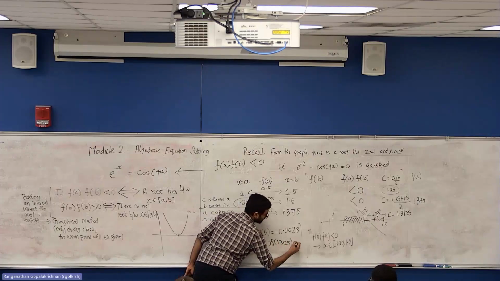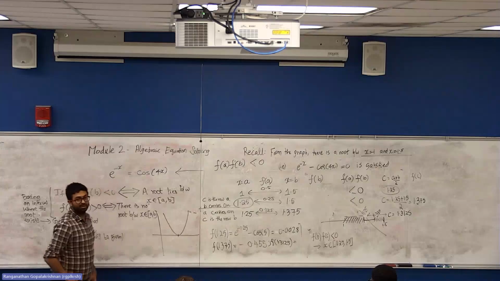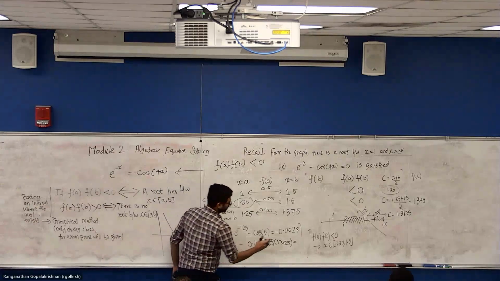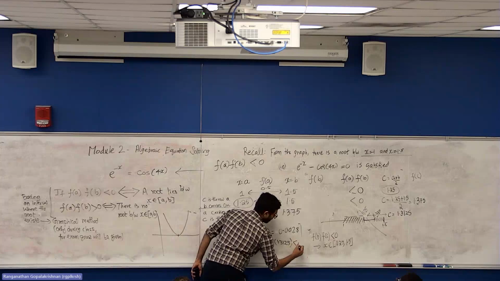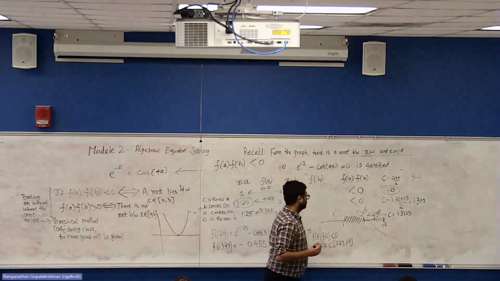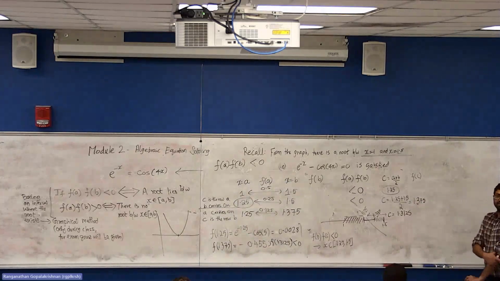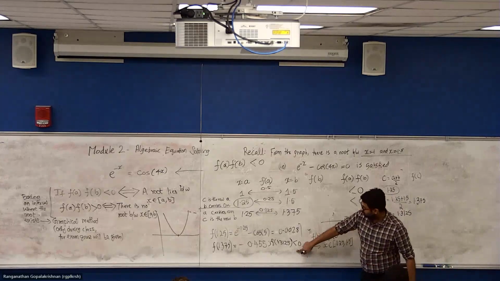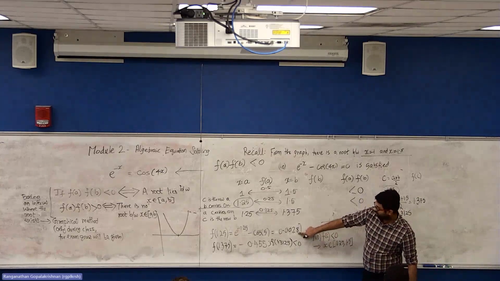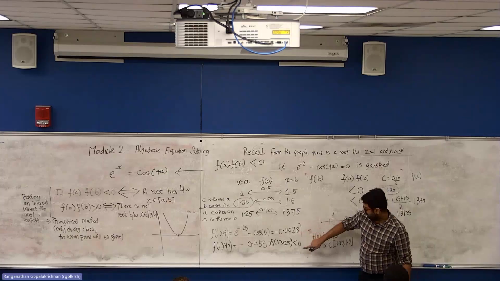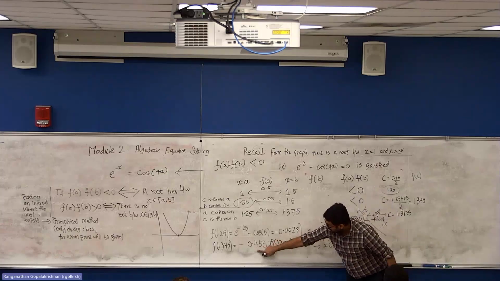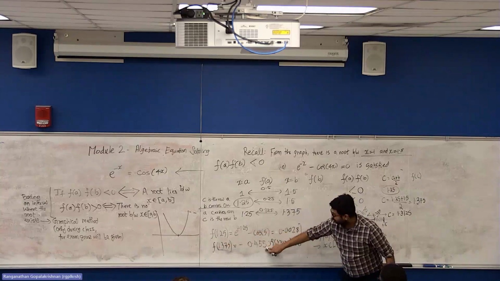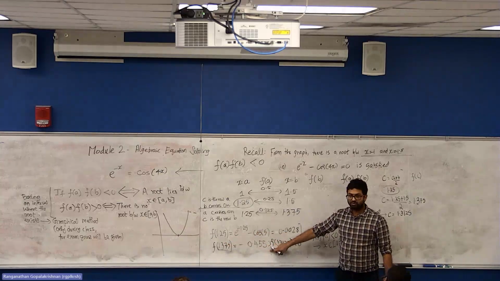I just need to know if it's negative or positive. I don't even have to know the number. Negative? Okay. So f of 1.3125 is negative. So what does that tell us? This number is negative, and this number is negative. That is 1.3125 and 1.375. They are both negative, which means what?